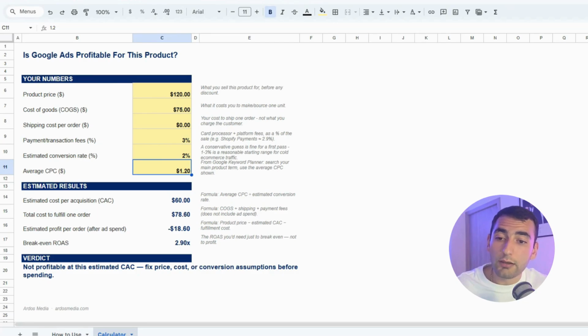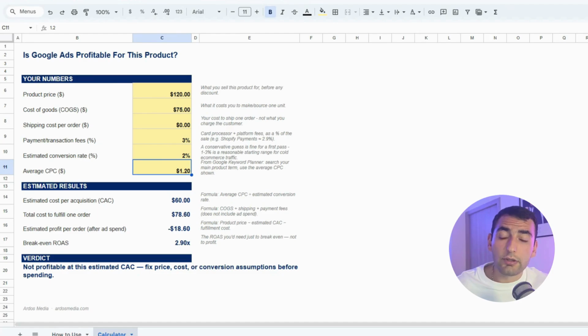So if you can make 1.81x ROAS in your ads, then you're good to scale. Now, here we also have a verdict: looks profitable at this estimated cost of acquisition, worth testing. So 1.85 is a very reasonable ROAS considering the ad costs that we have today in Google Ads.